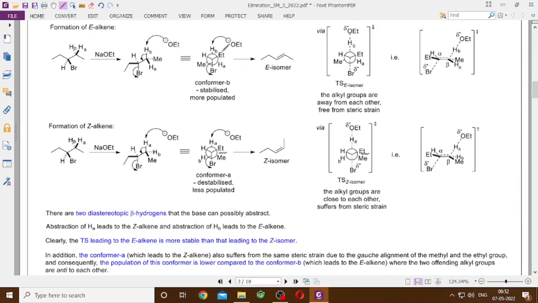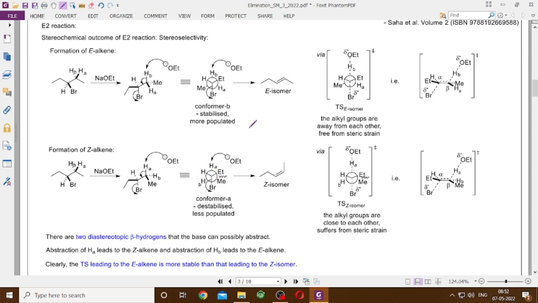For the abstraction of these two diastereotopic beta hydrogens, the conformation which leads to the E isomer is more in population. The conformation which you require to access the Z isomer is less in population. Not only that, the transition state for the E isomer is more stable than the transition state for the Z isomer, which has to accommodate this type of eclipsing interaction in the transition state.